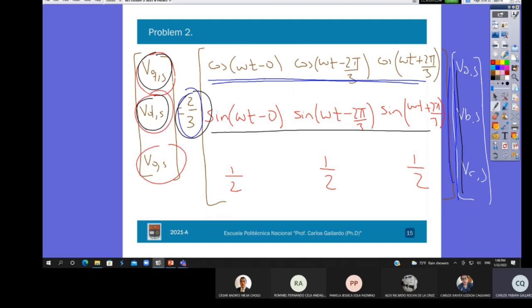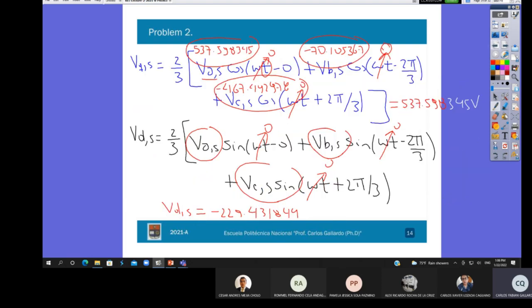For the last term, I will have this voltage is equal to 1/3, because I cancel off. I will have the stator line to neutral voltage A plus the voltage B plus the voltage C. What is the voltage A?